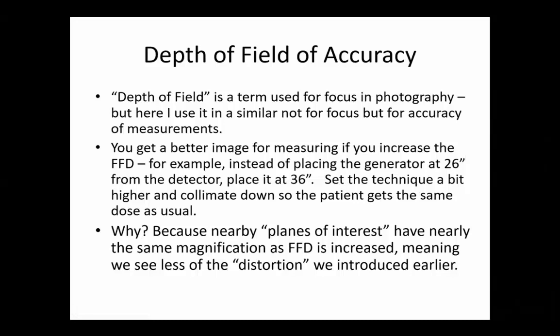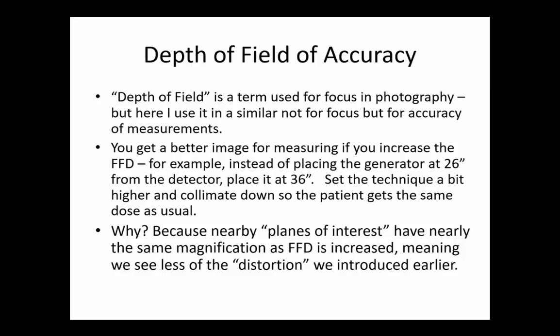And then one more thing to talk about, I'm going to call it the depth of field of accuracy. Depth of field is a term used for focus in photography. The more light you have, the bigger depth of field you get. It's kind of like that for measuring, and with pulling the generator further and further away from the foot.